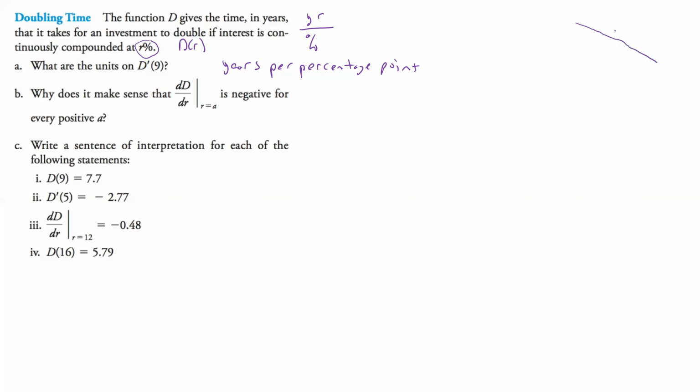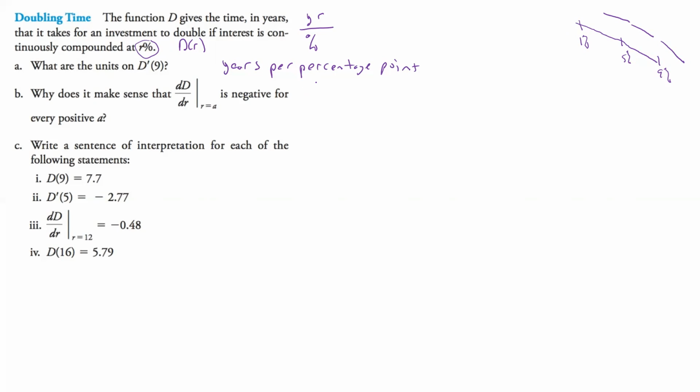So if we start here at maybe 1%, then come over here to 5%, and then up here to 9%, or whatever our a value is, the time to double is going to go down. So we should get a negative slope. How this is curved is going to vary, but no matter how we draw our tangents, they're always going to be negative.